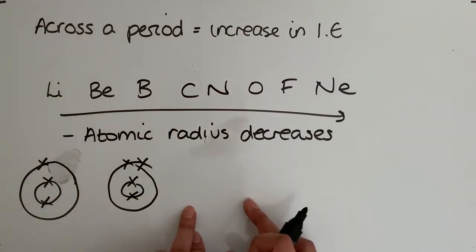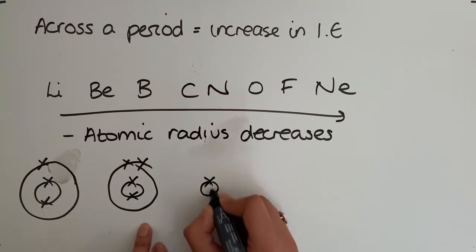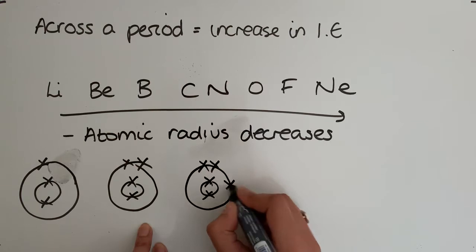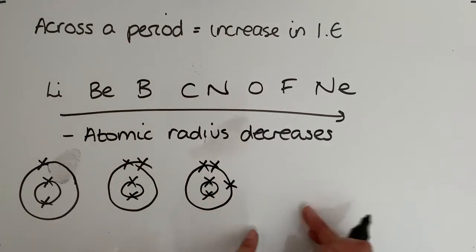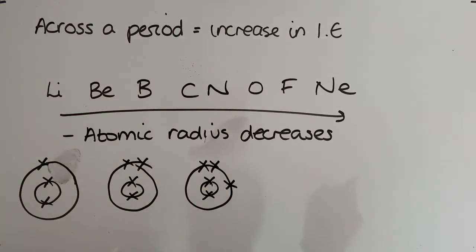So as I go across, I'm just adding an electron to the same shell. When I go across to boron, I'm just adding an electron to that same shell. Because it's being added to the same shell, that outer shell is pulled in closer towards the nucleus. So the atomic radius decreases across a period.